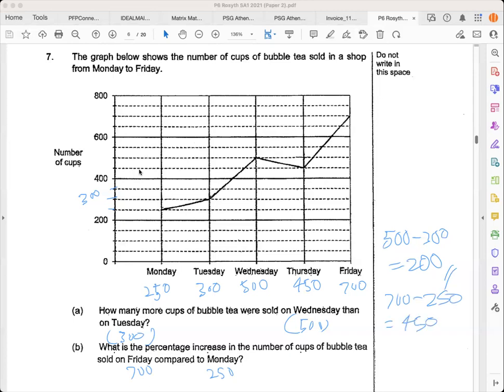So percentage increase will be 450 over the original. The original is Monday. Multiply by 100%. Be careful, it's over Monday and not over Friday. Then that will give you 180%. That's part B. Let's continue with question number 8.